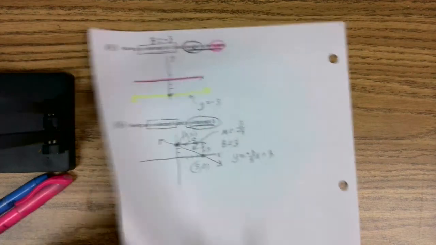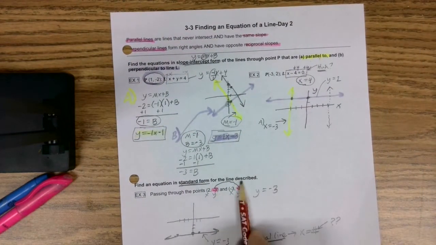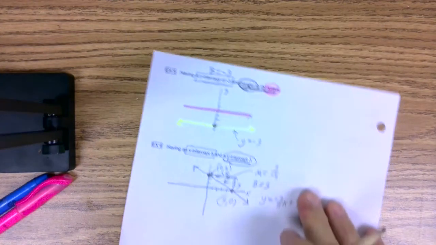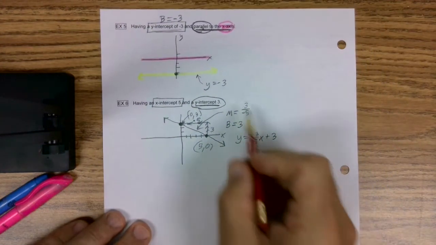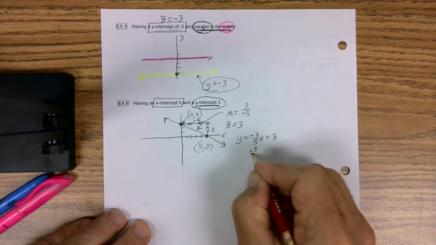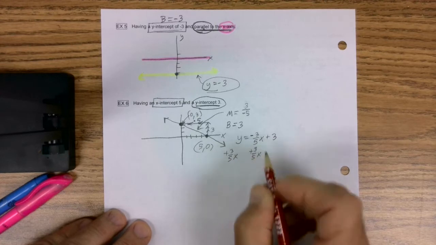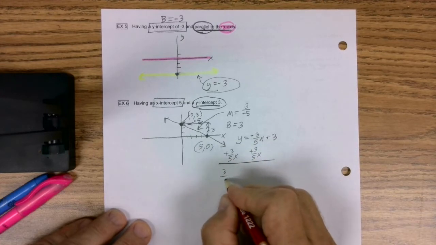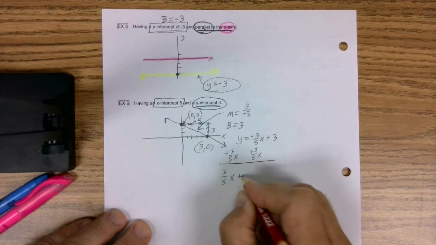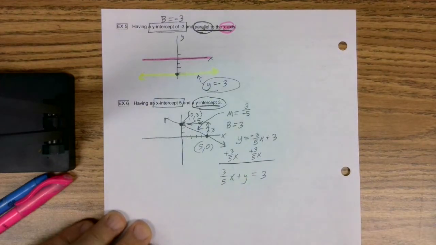Now, what did they say for number 6? Oh, oopsie. It says put it in standard form. I forgot all about that. But this one, you don't have to worry about it. This one, you do. So I got to add 3/5 x to both sides. Again, this is just a little pain exercise just to see if you can handle your algebra. That's my opinion. So is this in standard form?